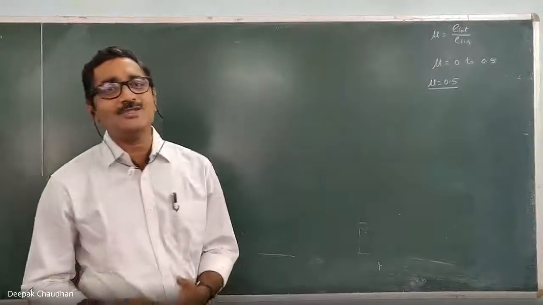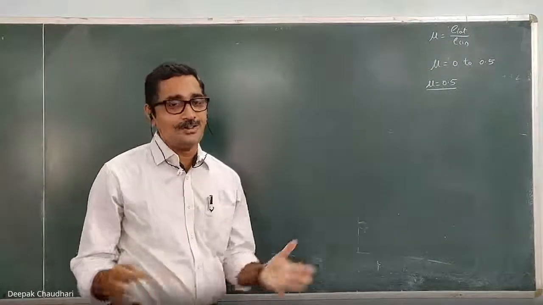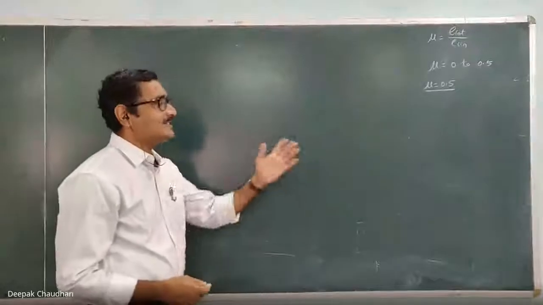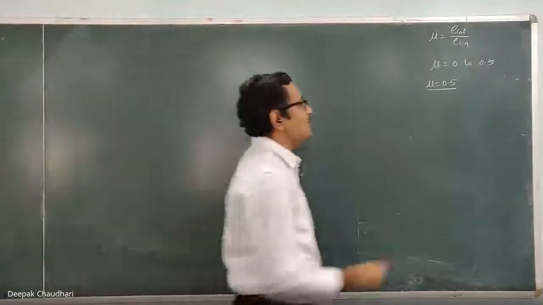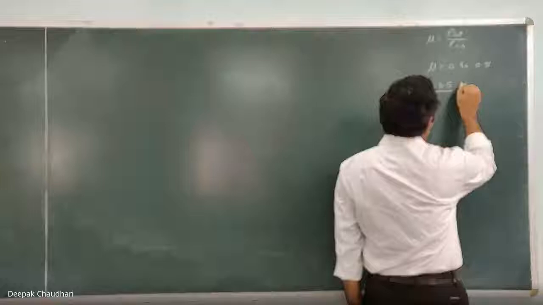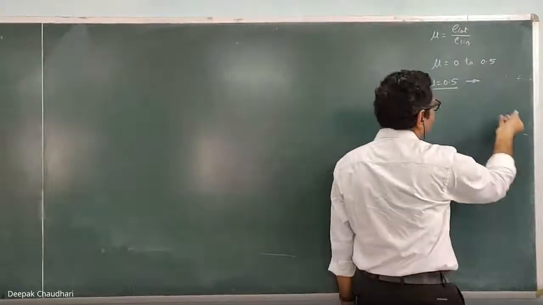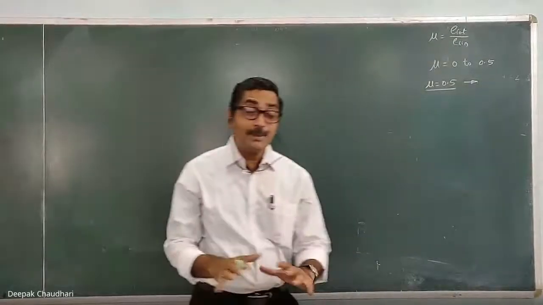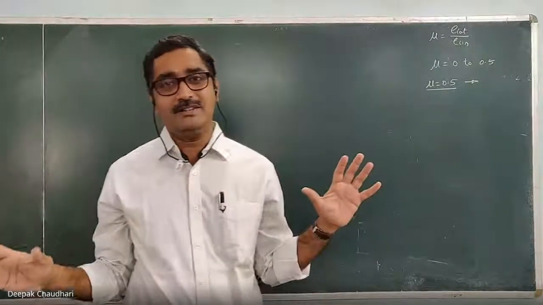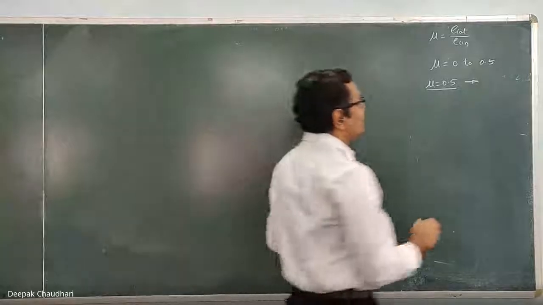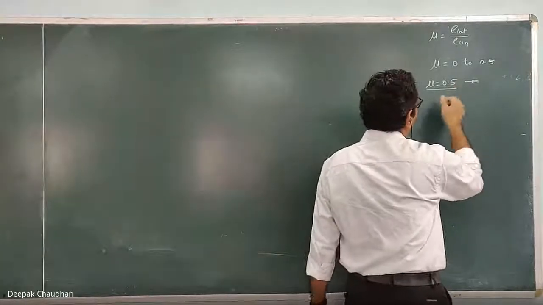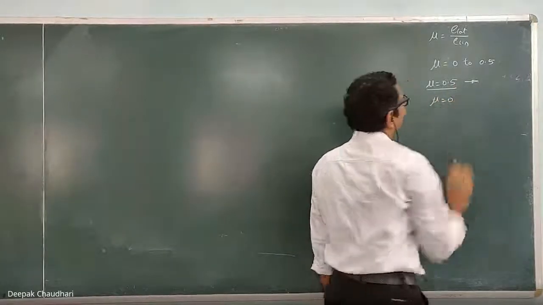In short, if mu equals 0.5, the material is incompressible, that is, the material won't get compressed.